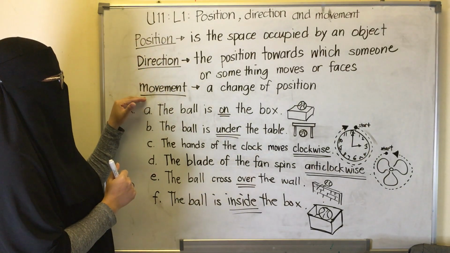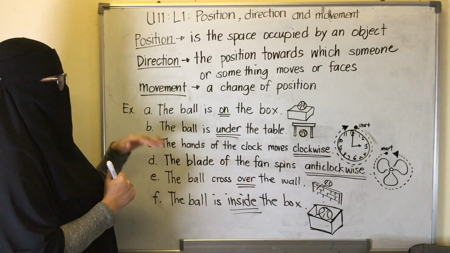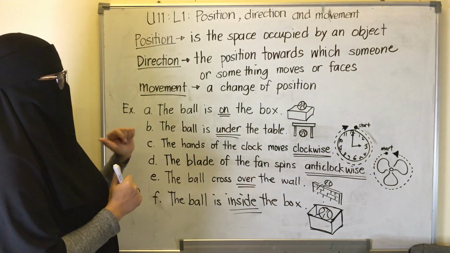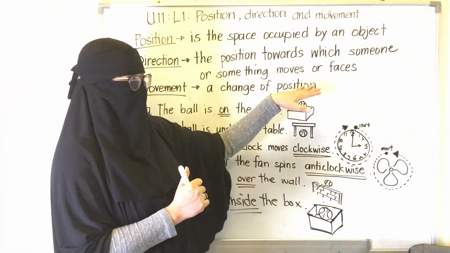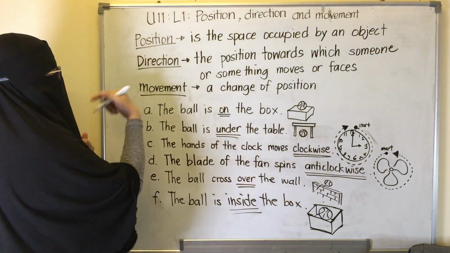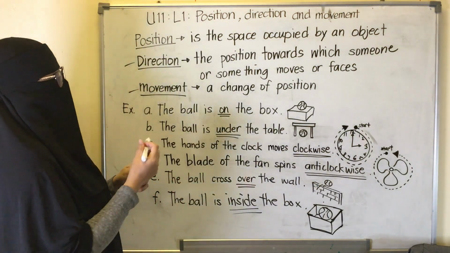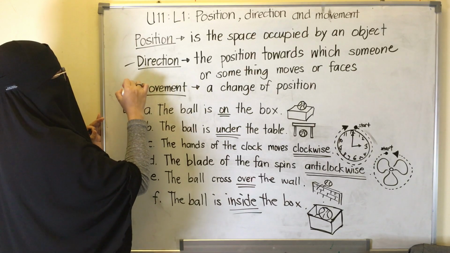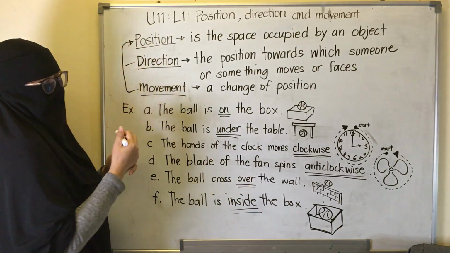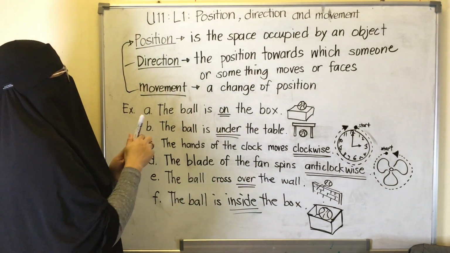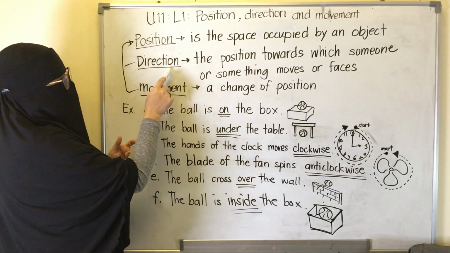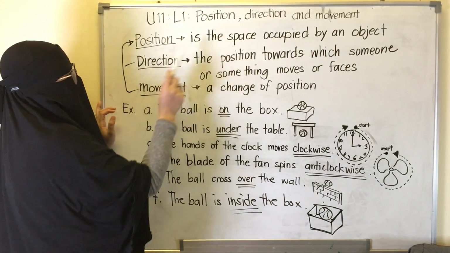Next we have movement. Movement means a change of position. Notice that these two words, direction and movement, are connected or related to position. If you are talking about direction, you are also talking about position.